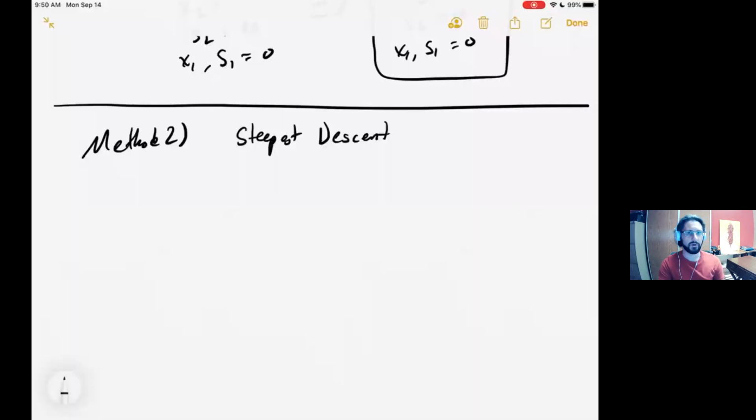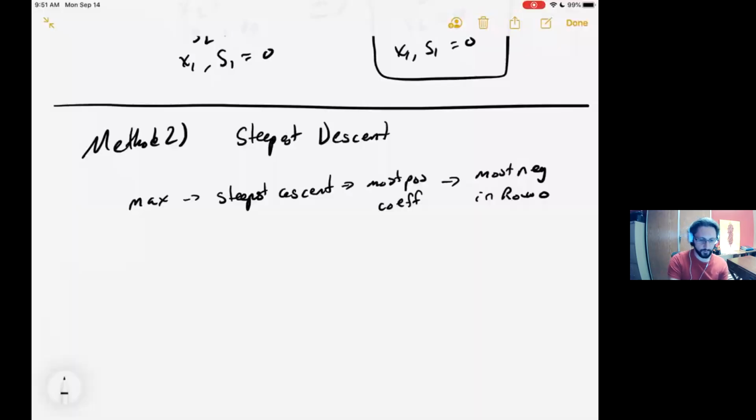The method your textbook describes as method 2 is a method that I like to call steepest descent. So in the previous sections, we were thinking of the simplex method as traveling across the edges of this constraint region in the direction where the slope of the objective function was steepest. That meant a most positive coefficient in the objective function, which meant a most negative coefficient in row 0.